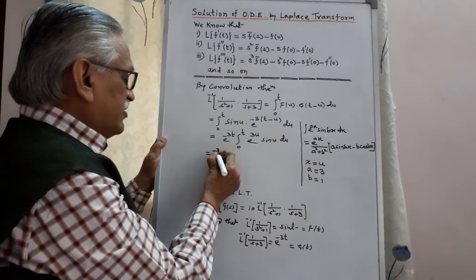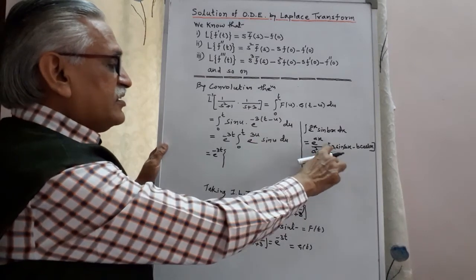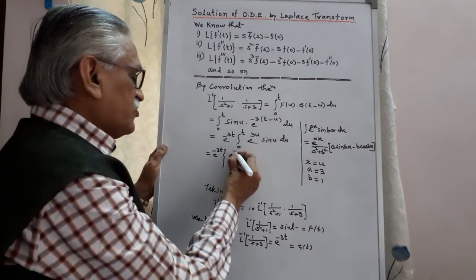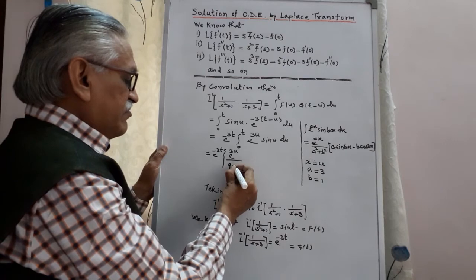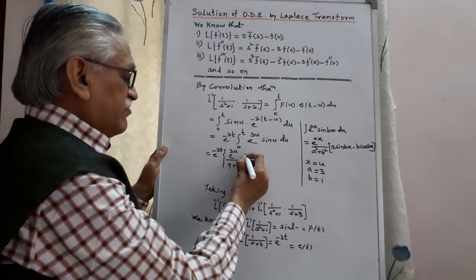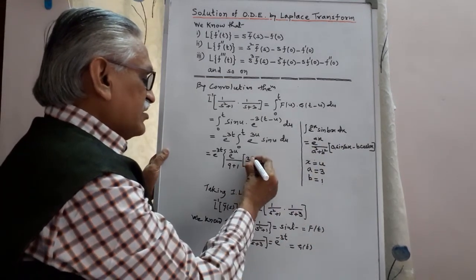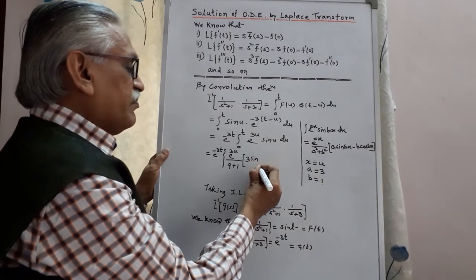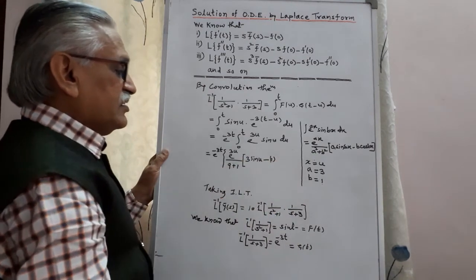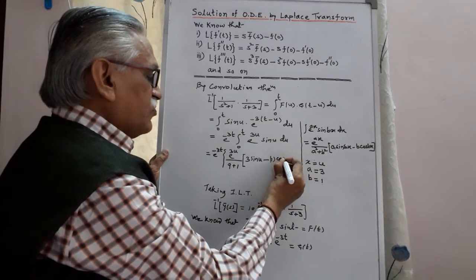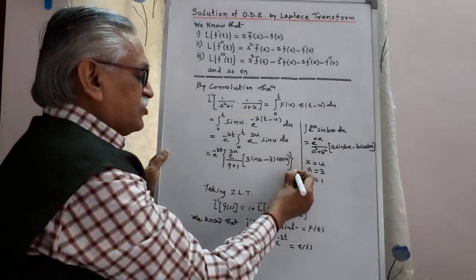it is equal to e raised to minus 3t as it is. Integration of this by this result: the first term is e raised to x, here e raised to 3u, divided by a square, 3 square, plus b square, 1 square, in bracket a sine bx, a is here 3, sine u, minus b, 1, into cos bx, cos u, bracket close, outer bracket close, and the limits from 0 to t.